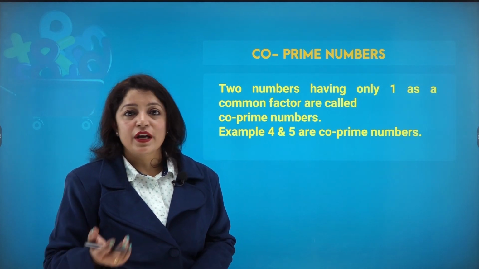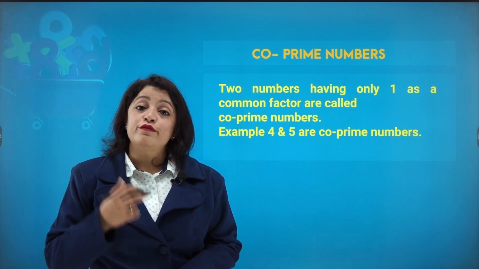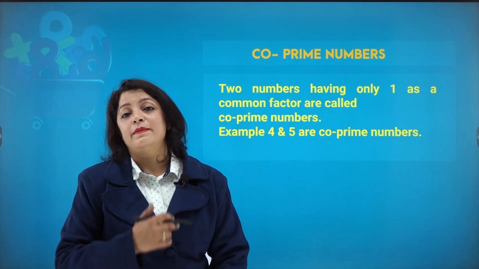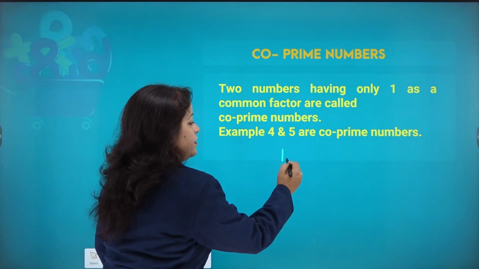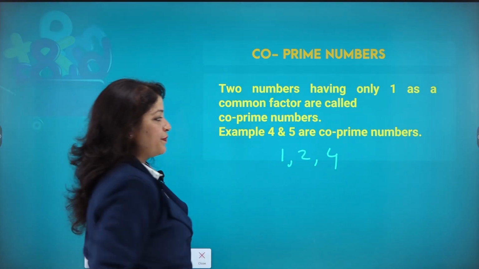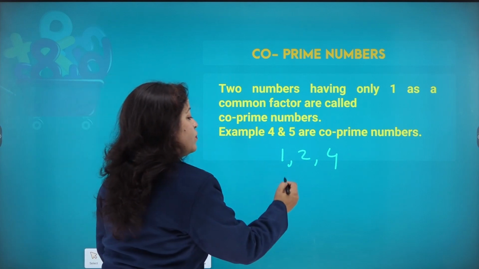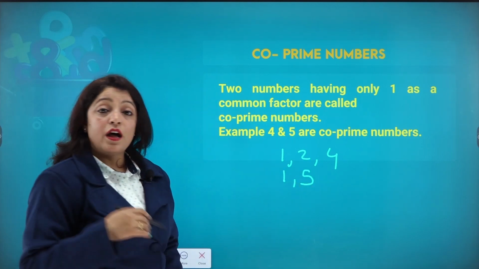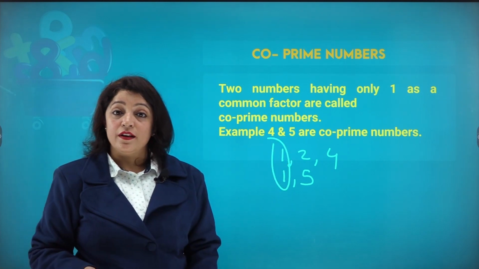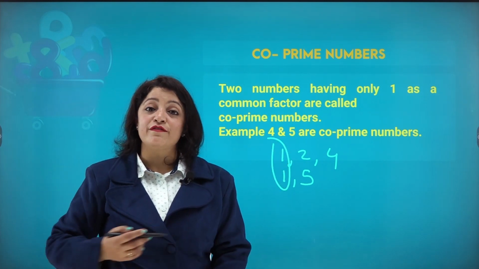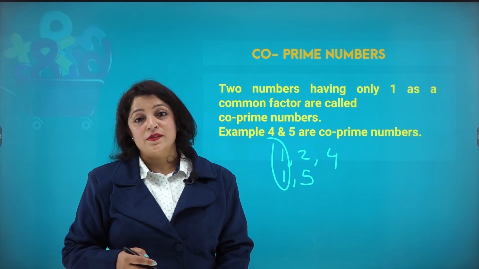For example, 4 and 5 are co-prime numbers, because the factors of 4 are 1, 2 and 4 and the factors of 5 are 1 and 5. And what are the common factors here? The common factor is 1. So, we can say 4 and 5 are co-prime numbers.